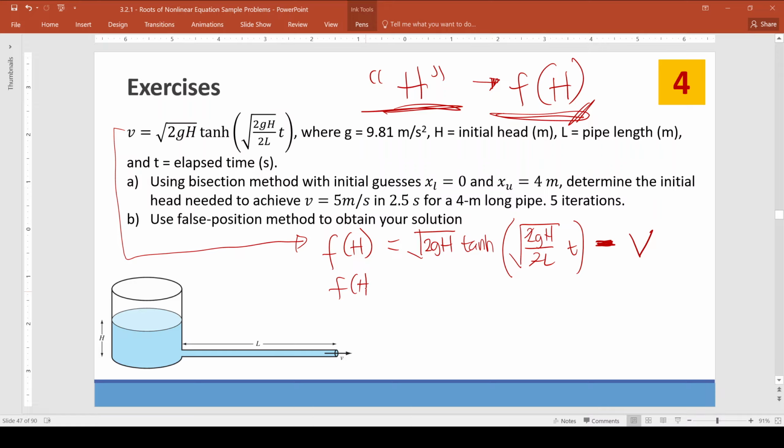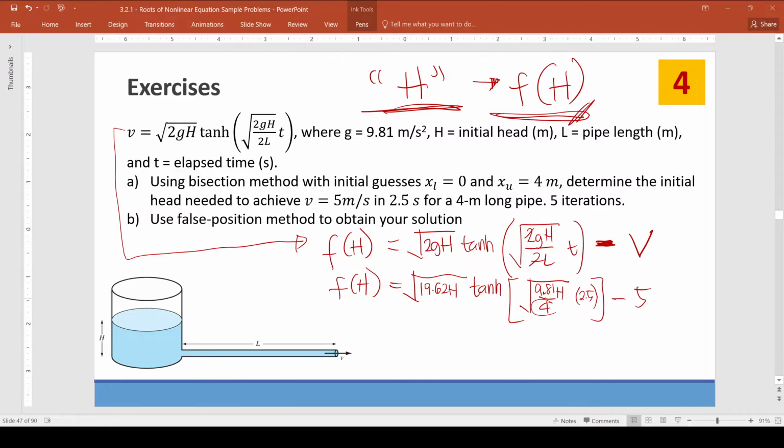And if we just substitute the real values, we will have square root of 19.62h times the hyperbolic tangent of the square root of 9.81 over 4h times the time, which is equal to 2.5 seconds, where the velocity at 2.5 seconds is 5 meters per second.